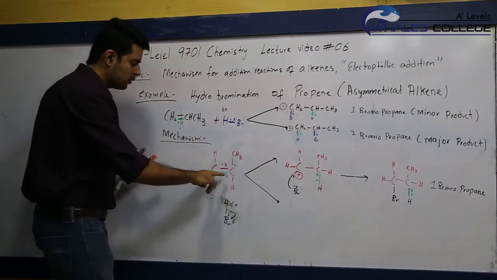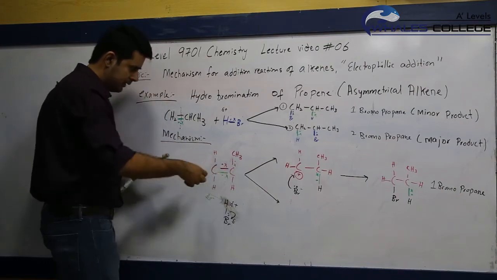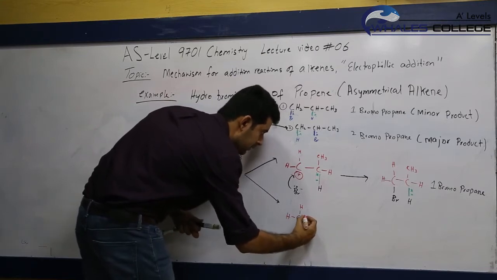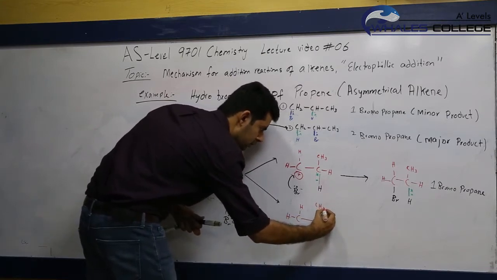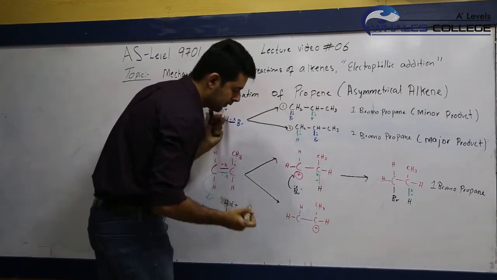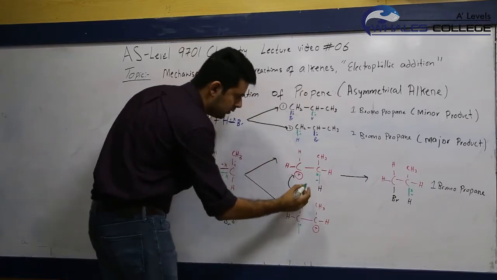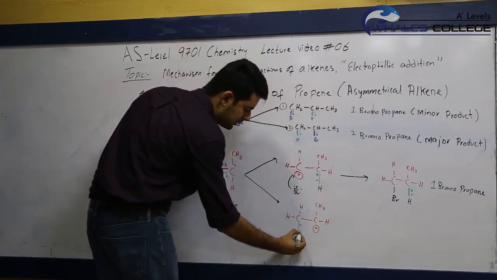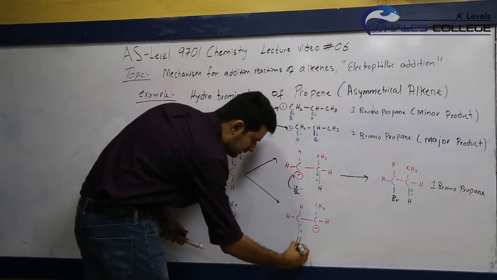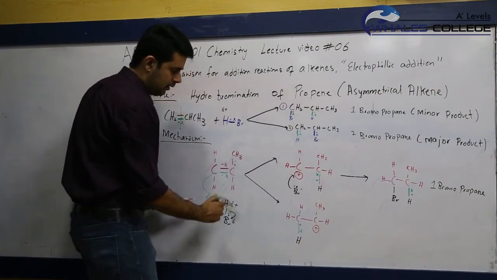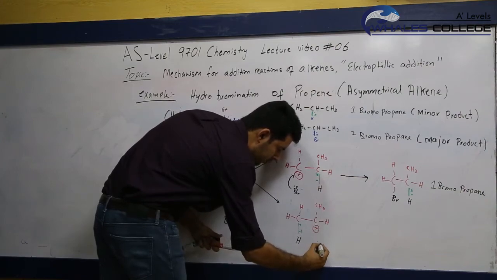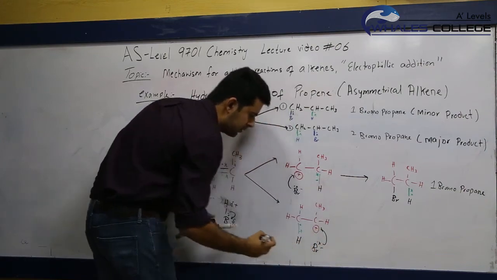Now another possibility is that the bond breaks clockwise and the carbon on the left, this one, retains its own electron, and the carbon on the right, this one, gives its electron. Over here the cross was retained, over here the dot is retained, and the cross is gained from here. And it's this carbon which first binds with the electrophile, this one. And then your nucleophile, the bromide, would attack this carbon.